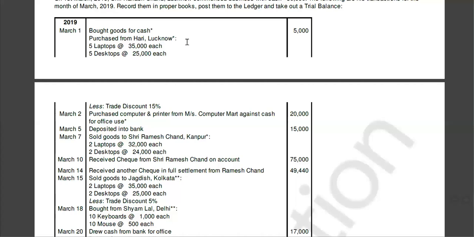So the second transaction will go to purchase book. March 2, purchased computer and printers from Mr. Computer Mart against cash for office use. Here we purchase a computer and printers with cash.